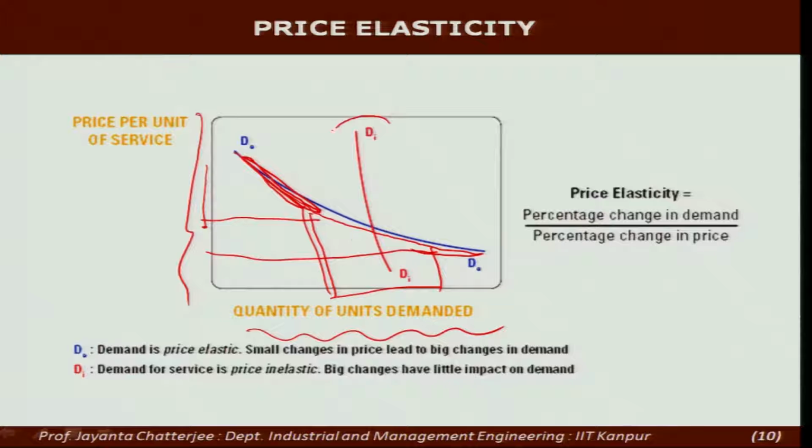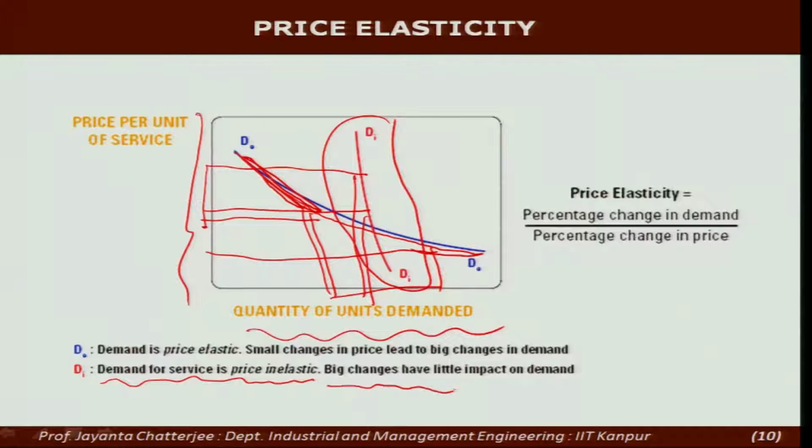On the other hand, we can have this type of demand where the price may change, but that will cause practically no change or very little change in demand. So, this DI is therefore called demand for service is price inelastic.